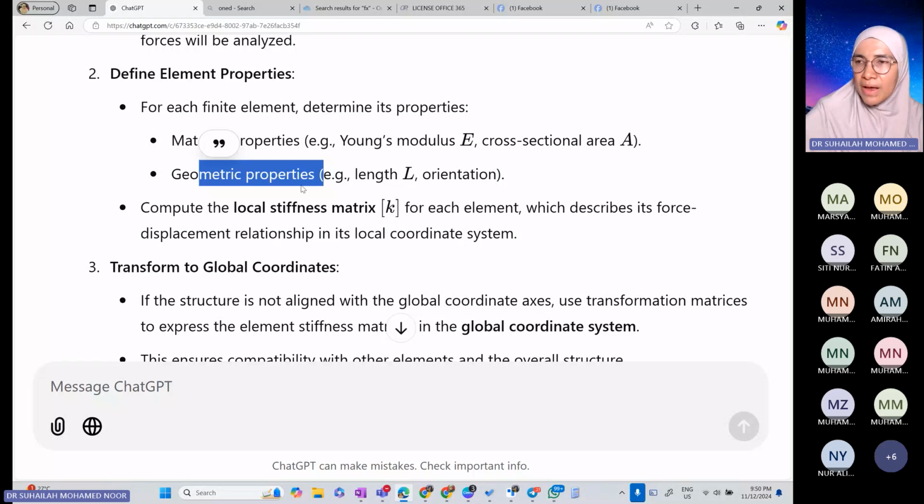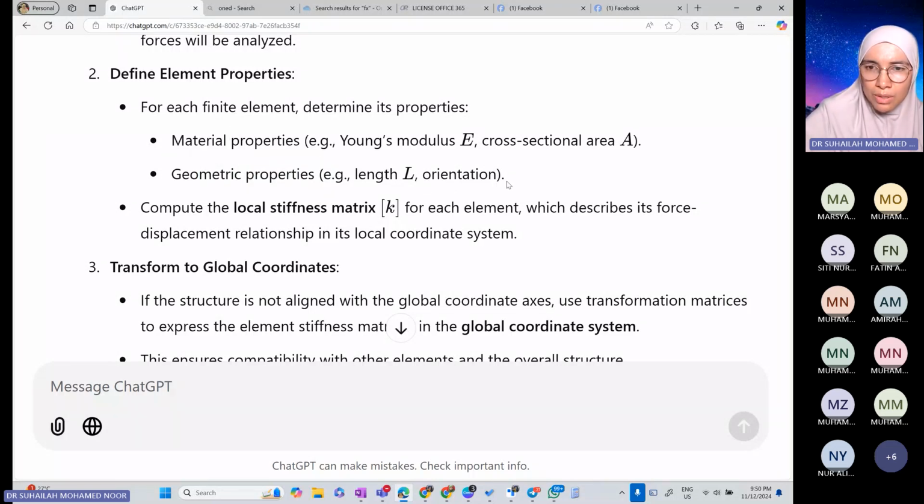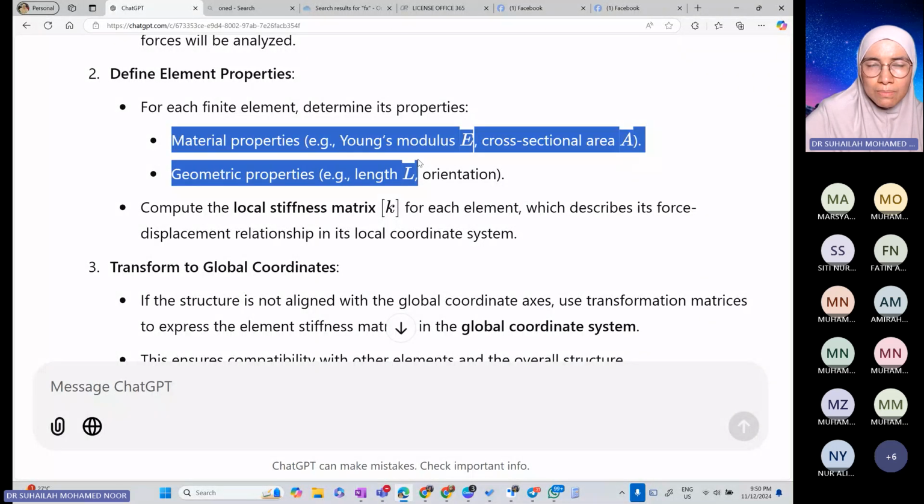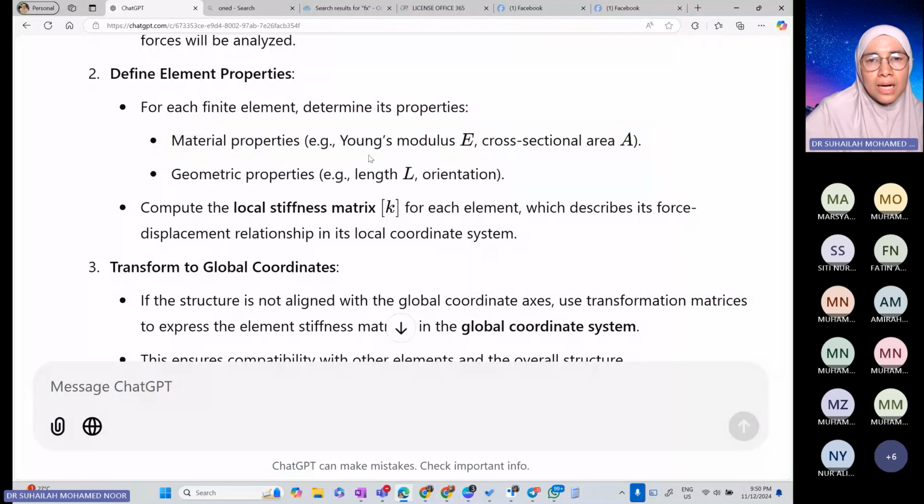So this is very important for you to know, for you to understand because bukan hanya belajar calculate ya, belajar calculate displacement, belajar calculate reaction, tapi properties yang bagi effect tu kena tahu juga. Okay, so kat sini lah dia highlightkan about all these material properties and geometric properties, dan term-term ni dalam software memang ada.